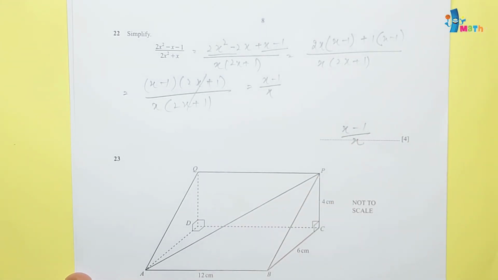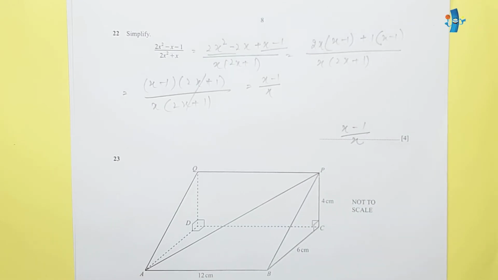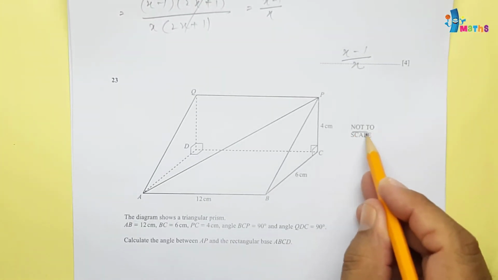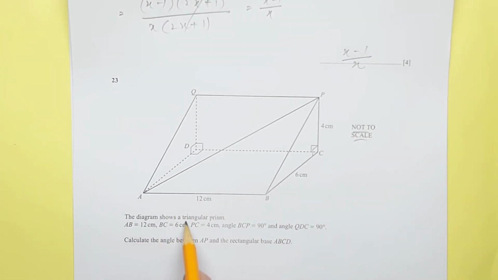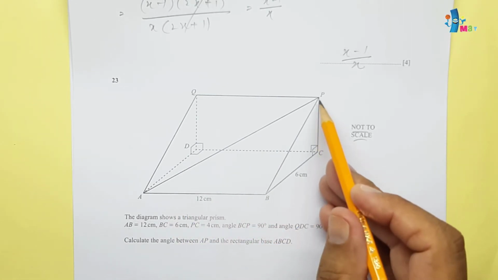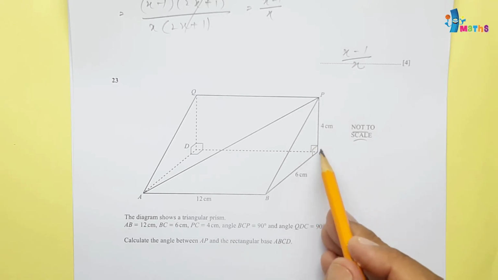Now question number 23. A diagram is provided, which is a three-dimensional diagram and it is not to scale. The diagram shows a triangular prism. AB is given as 12, BC is given as 6, PC is given as 4.